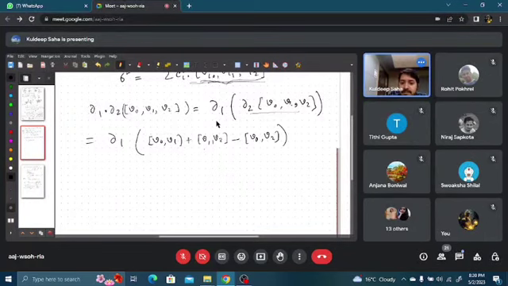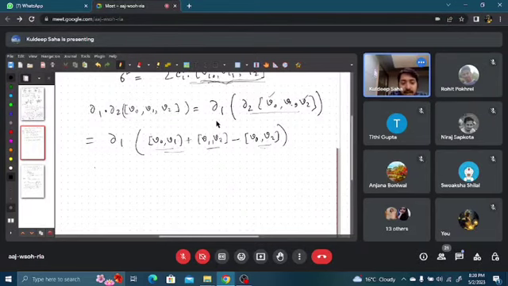This is the correct answer, and it coincides with our convention: first remove V0 with positive sign, so that we are left with plus V1 V2, which is here. Then remove V1 but change sign, which is here, and then remove V2 but again positive, which is here.